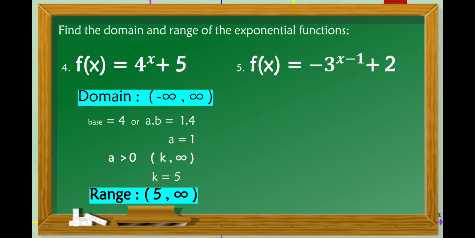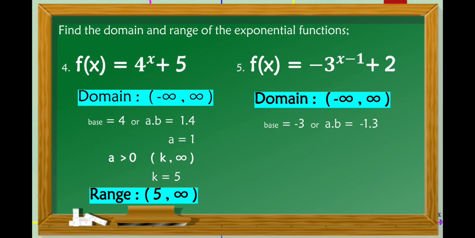Next, number 5. Function of x is equal to negative 3 raised to x minus 1 plus 2. So what is the domain? It is negative infinity to positive infinity. The base here is negative 3, so that is a times b, which is negative 1 times 3. Remember that the base should always be positive. So the value of a is negative 1. Negative 1 is less than 0.